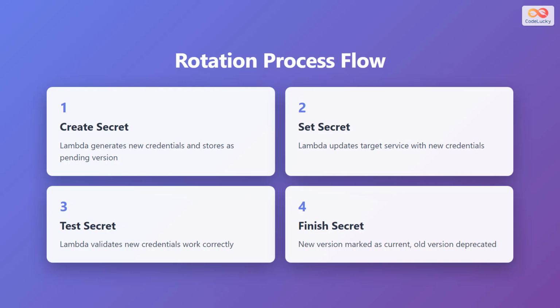In step 3, test secret, the Lambda function validates that the new credentials work correctly by attempting to authenticate with the target service. Finally, in step 4, finish secret, the new version is marked as current and becomes the active secret, while the old version is deprecated but retained for a grace period. If any step fails, Secrets Manager automatically retries the entire rotation process to ensure reliability.